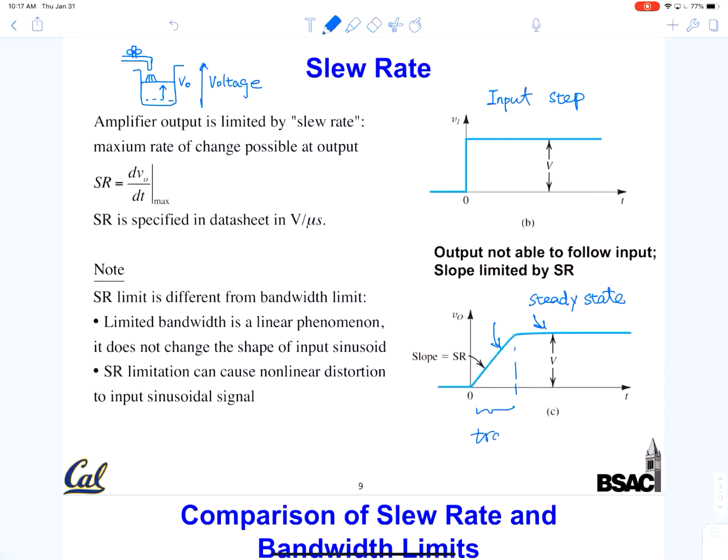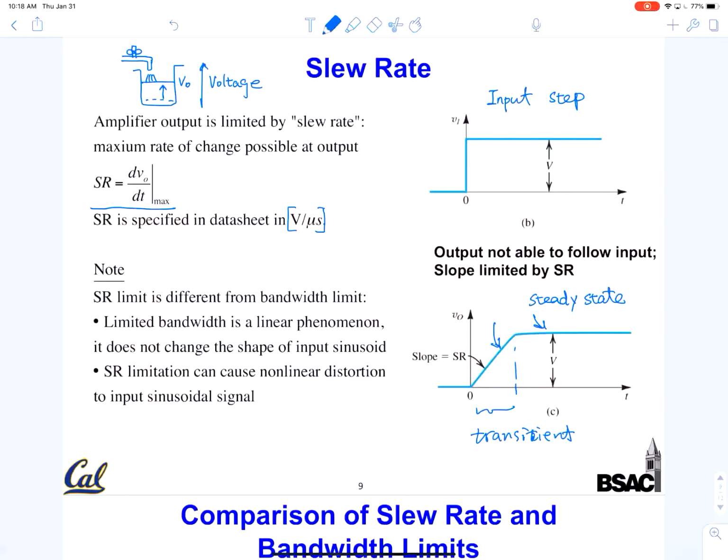Slew rate is defined as the maximum value of the derivative of the output voltage with respect to time. As you can check, the unit is volt divided by second. We typically use volt per microsecond as the standard unit, since we typically operate on a microsecond time scale.